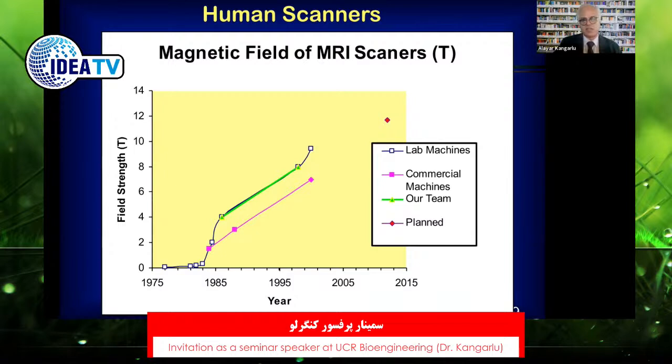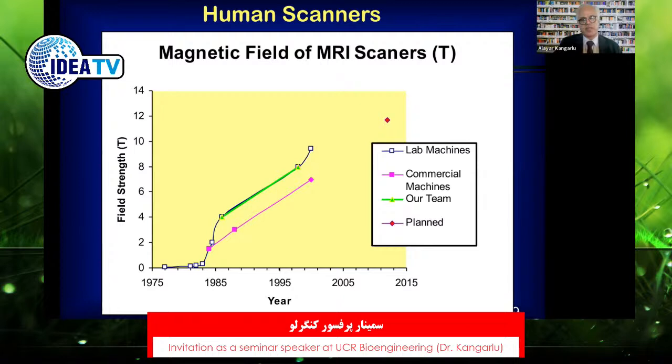So in 1996, when we started the push for 8 Tesla, as you see on this graph, there were really no prospects for going beyond 4 Tesla, primarily because of the MR community's concern for safety.